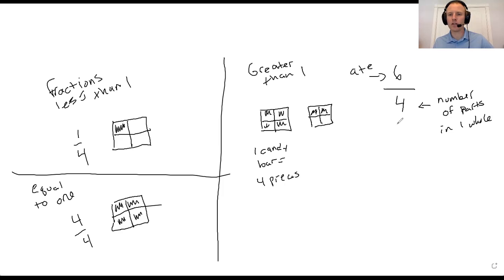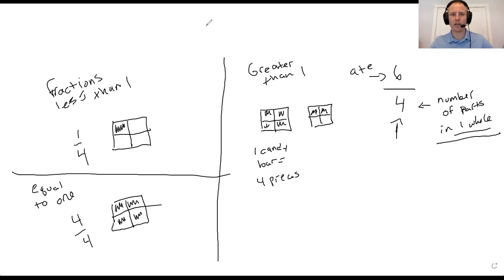So this does not change to 8 just because I now have 8 total pieces. The denominator is the number of parts in one whole. So there's still only 4 pieces in that whole, and there's 4 pieces in that whole. So the denominator is always going to stay 4 in this case. The thing that can change is the numerator. I can eat more than 4 pieces. I just need a second bar.